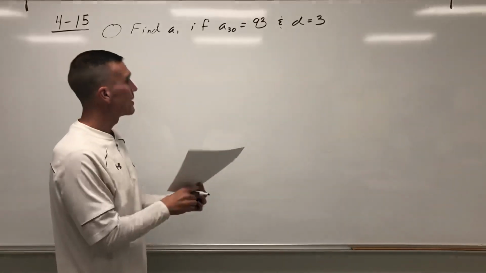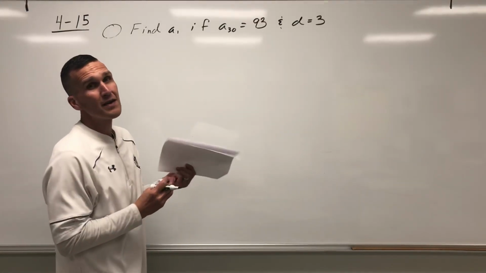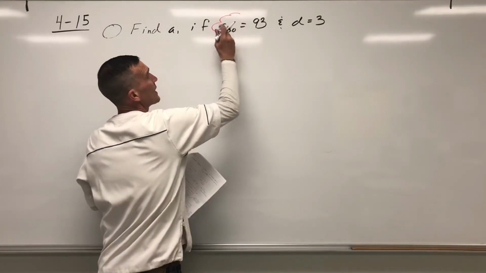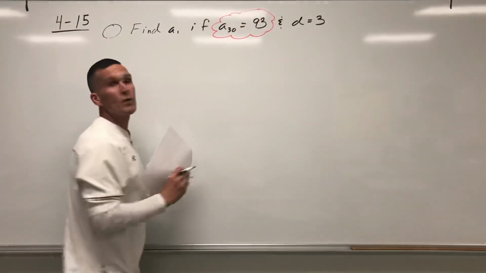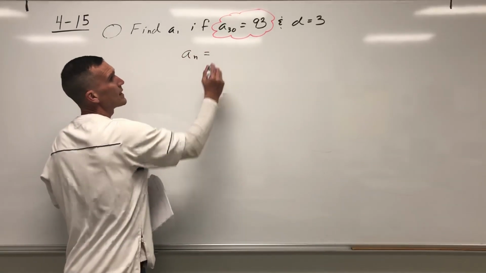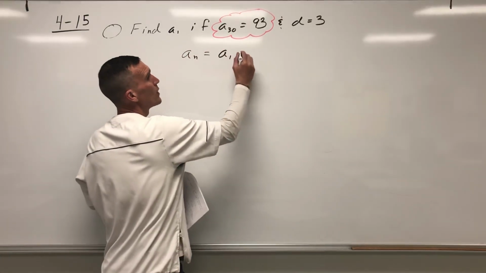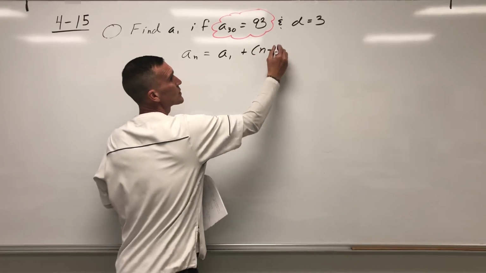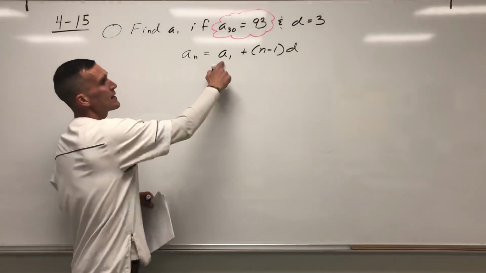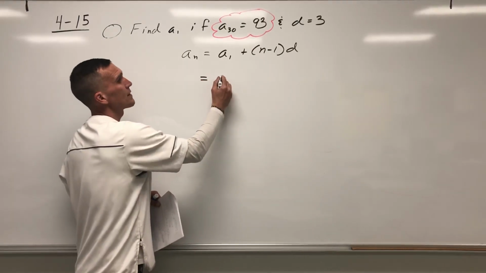The hardest part is understanding how to plug this information in right here. So I'm going to kind of key on that. But I'm going to start with my formula for an arithmetic sequence. It's a sub n is equal to a sub 1 plus quantity n minus 1 times d. Now I know I'm finding a sub 1, so that's going to stay a variable.